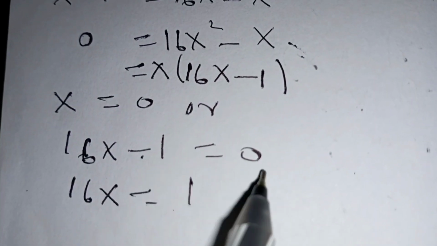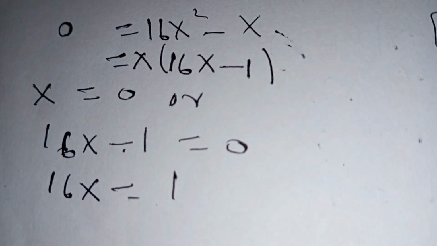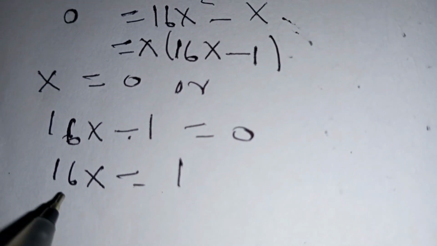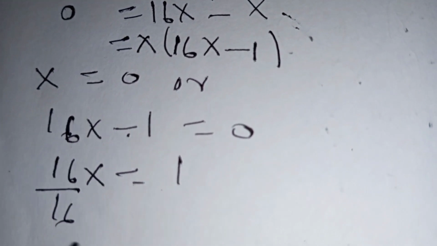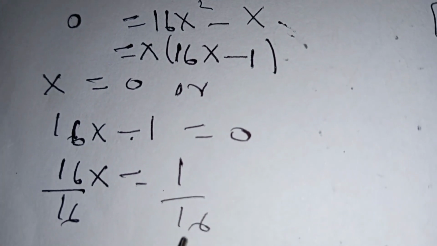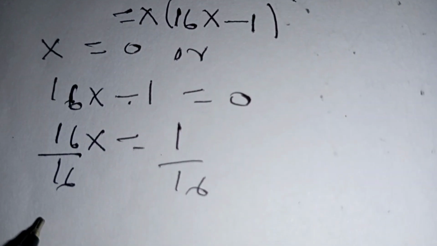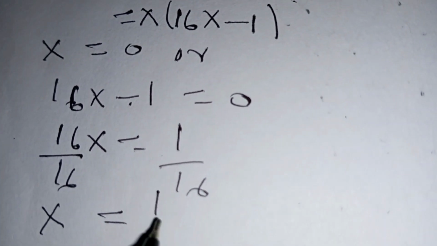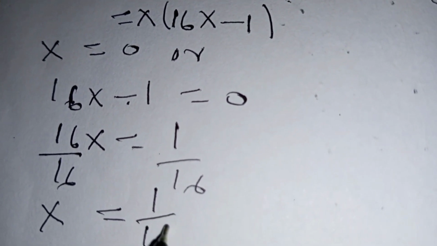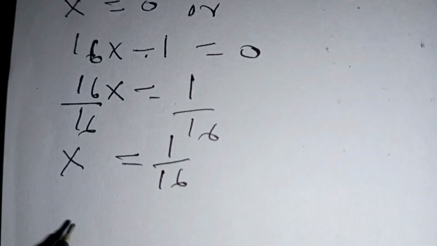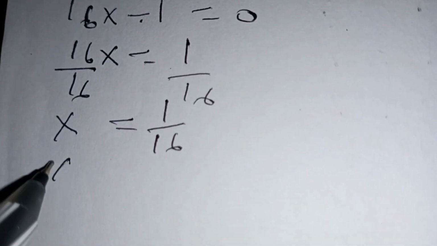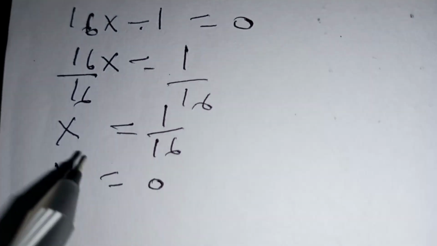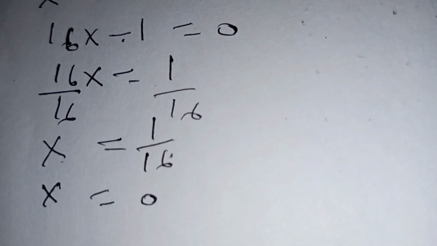When you take negative 1 to the right hand side, it will become positive. Then next, you divide both sides by 16, so that now your value of x will be equal to 1 over 16. So our x is equal to 0 or 1 over 16 from the given equation.